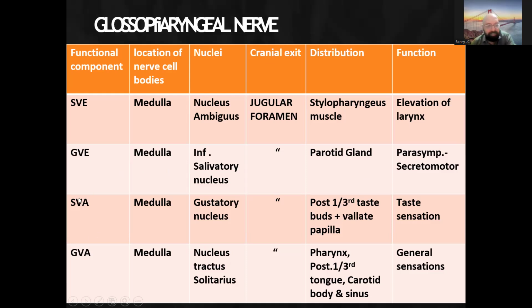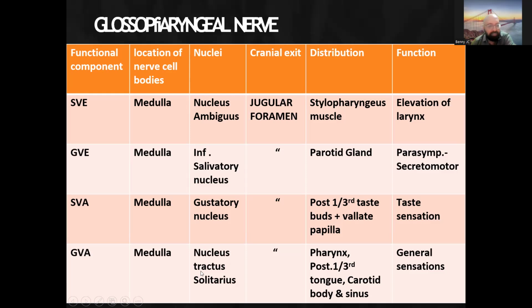Then the sensory component carries both general sensation and special sensation. The special visceral afferent carries taste. The gustatory nucleus is a very important nucleus for taste. It takes sensation from the circumvallate papillae and the posterior one third of the tongue.